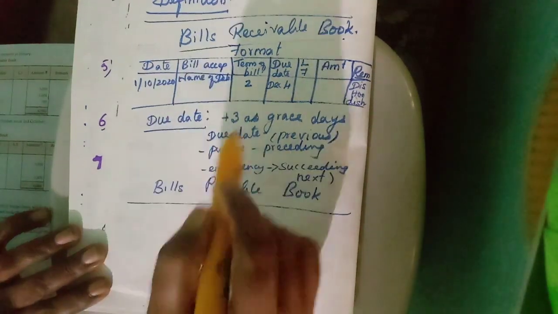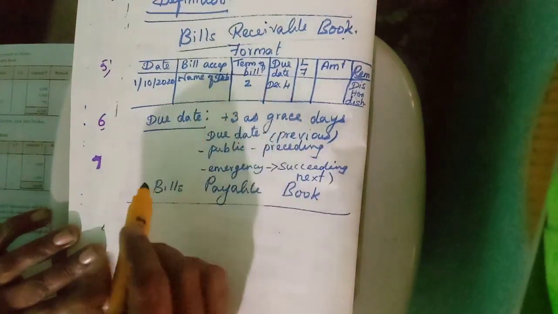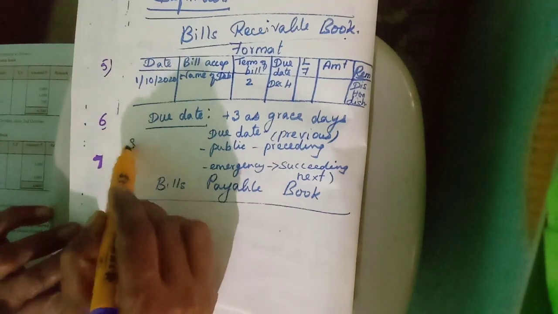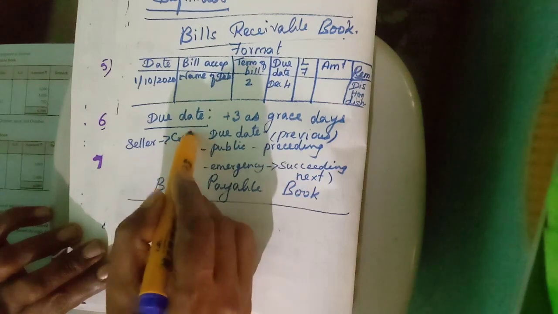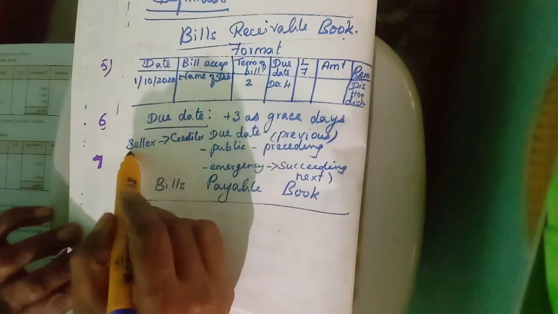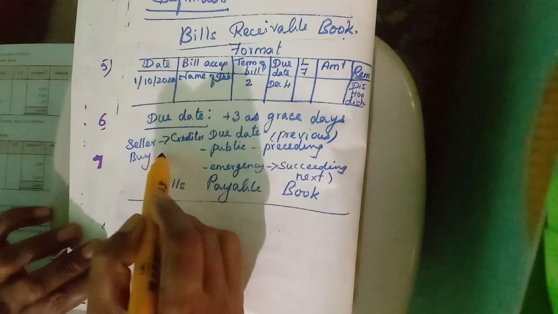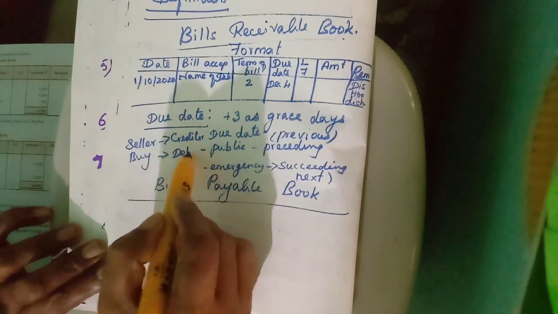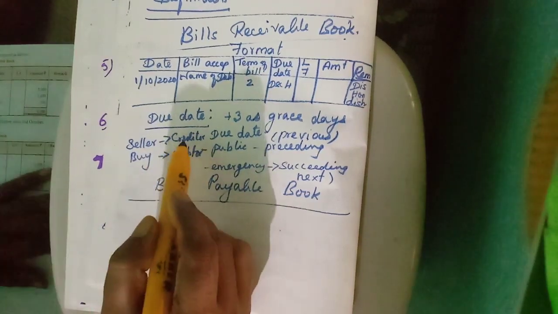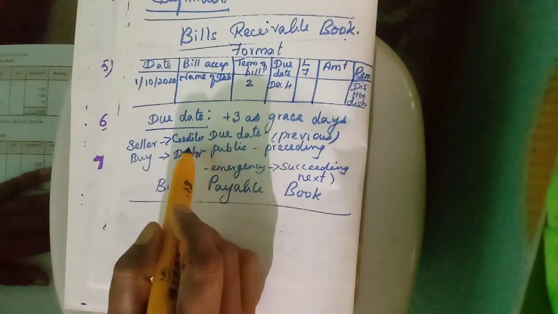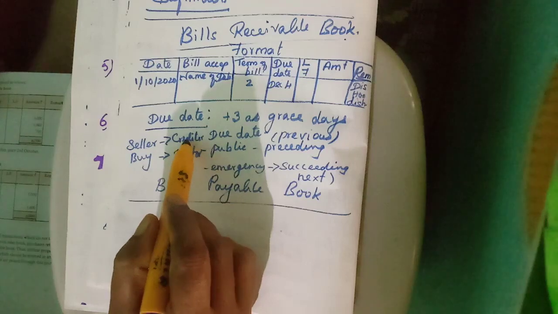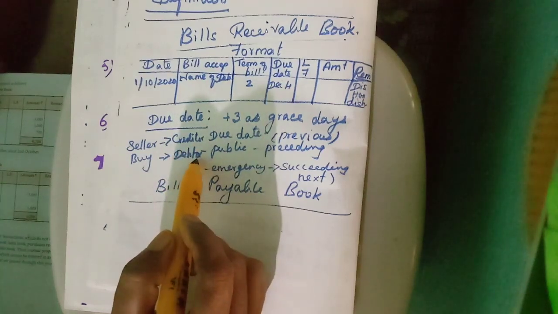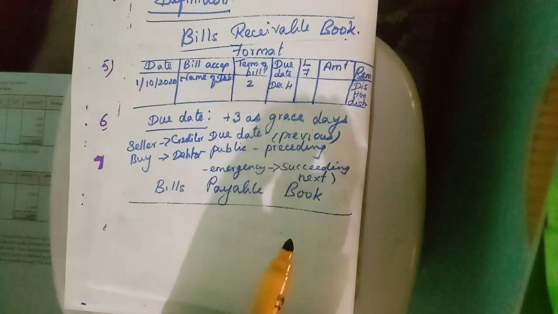That means here we can say the seller is called the creditor. The buyer is called the debtor. Okay, so you should not think that the creditor has to pay the amount. Here the creditor will receive the amount. The debtor is the person who has to pay the amount.